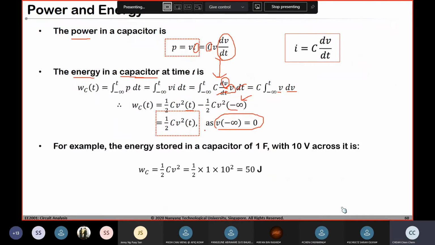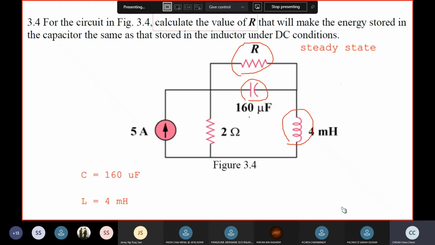Energy: half C V squared is equal to half L I squared. V is the voltage across this capacitor, and current I is the current flowing through the inductor, right?